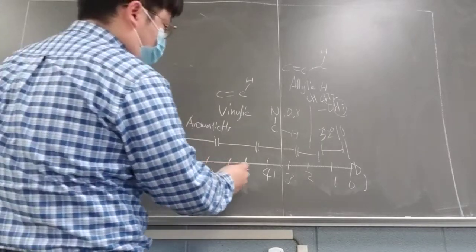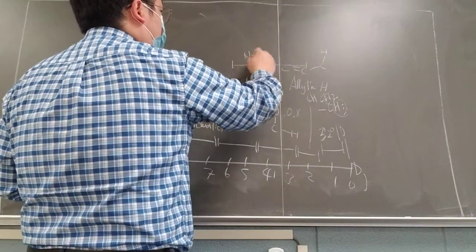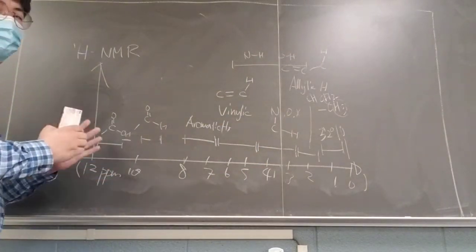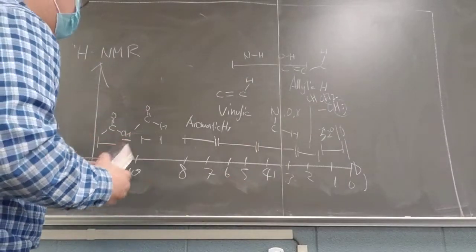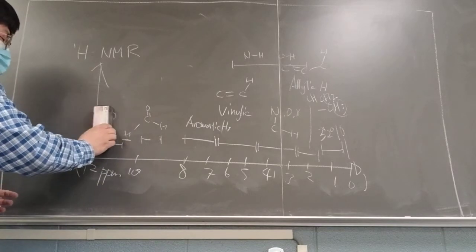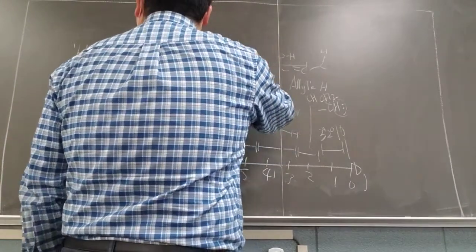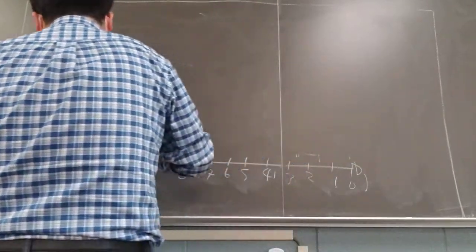Oh, I'm missing one here too. The one bound to nitrogen, around 5 to 2.5, sometimes even a little bit less than 2, but this is the one that we got. So that's pretty much it.